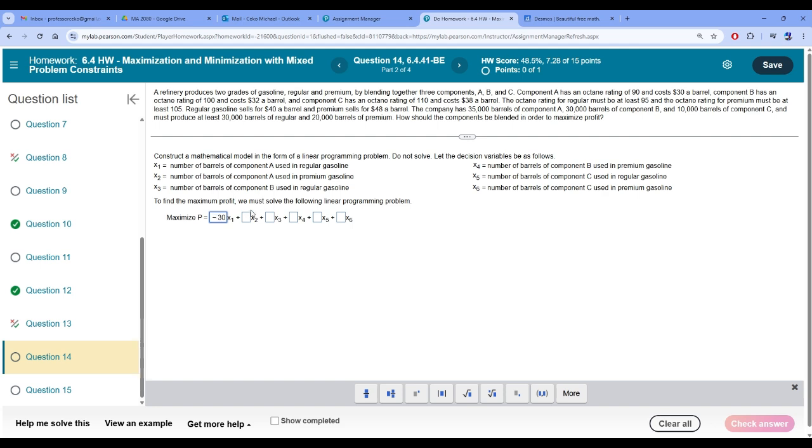Number of using premium. Component A has an octane rating for regular of 90. Component B has an octane of 100. B is going to be -32, and C is going to cost -38. I can sell it.